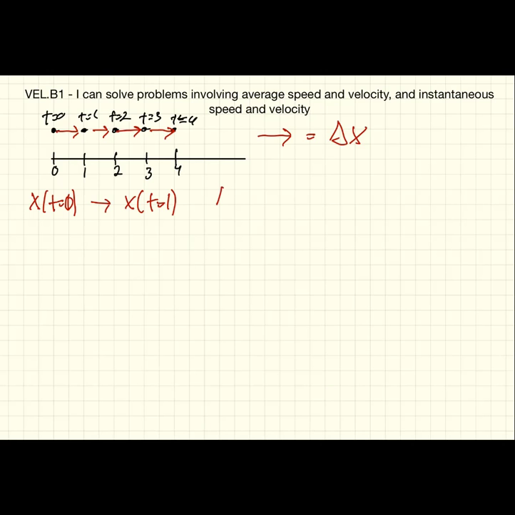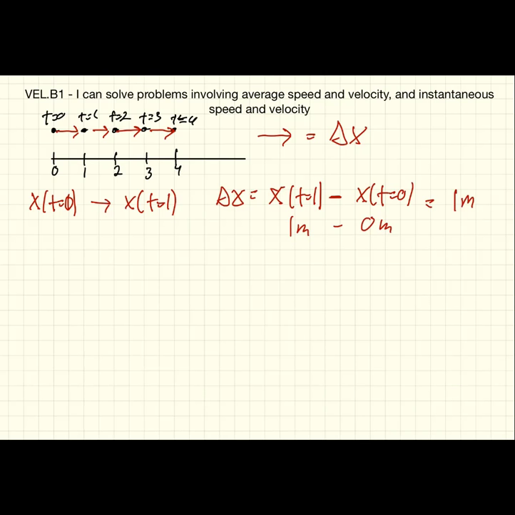And to figure out that displacement, I need to do x at t equals 1 minus x at t equals 0. So x at t equals 1 is 1 meter, and x at t equals 0 is 0 meters. So I get that the length of that red arrow there is 1 meter. And if you look at all of them, you can see that all these red arrows have a length of 1 meter.